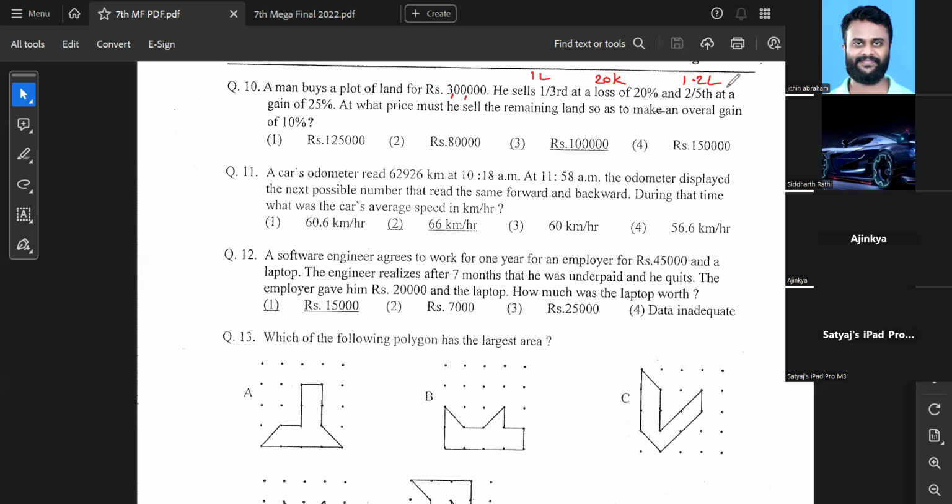So 25% of 1.2 lakh is how much? It's divided by 4, so 30,000. So the selling price is 1.5 lakh, which means the profit is 30,000, right? Here the loss was 20K, here the profit is 30K. So up until now, the overall profit he has gained is 10K, 10,000. I believe this much is clear, right?